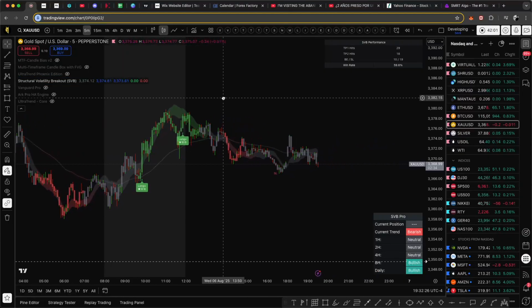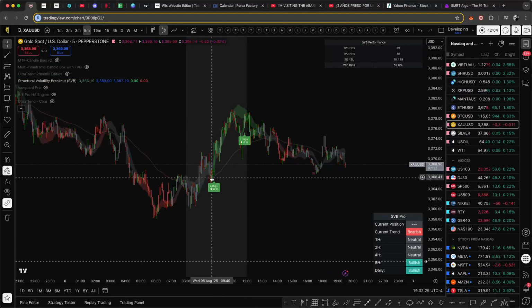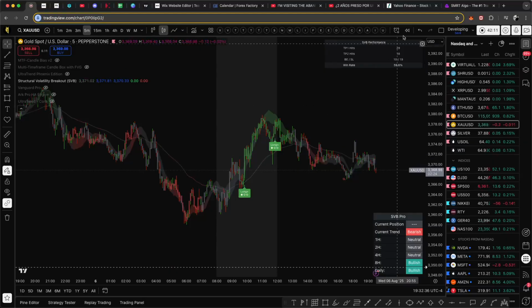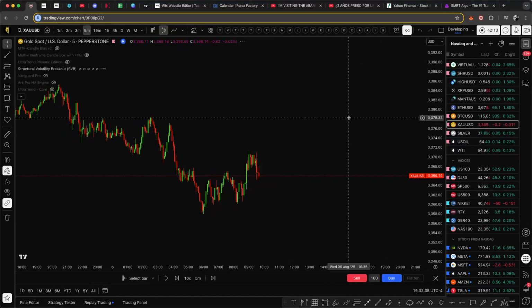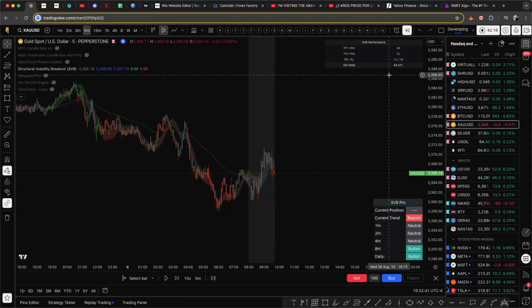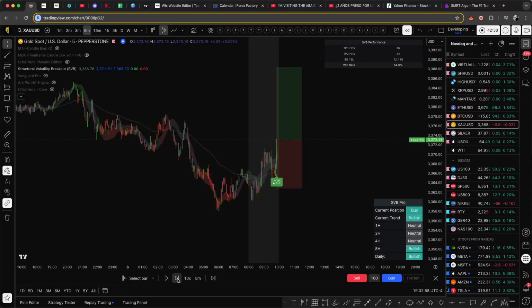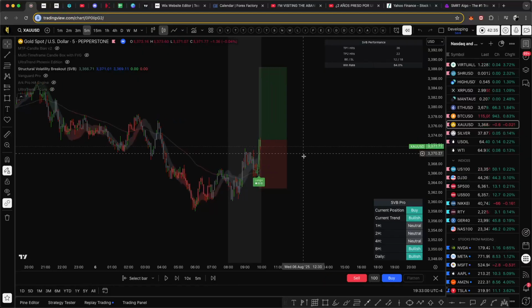Because we enter in a range, this is a loss. This would be a position that we would still be holding. Gold is doing actually pretty well. Notice 64% in the past 50 trades. So we're neutral, most of it, bullish on the daily, bullish on the 8 hour, and we get a buy signal right there.